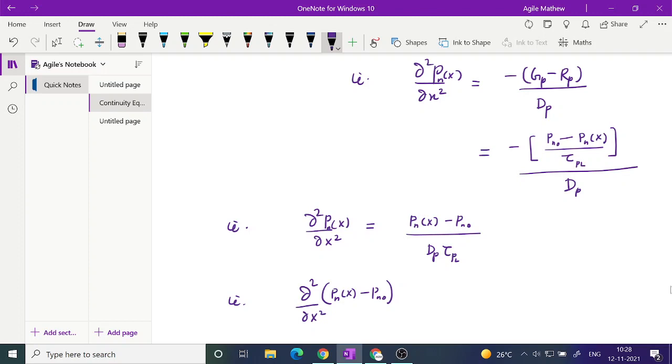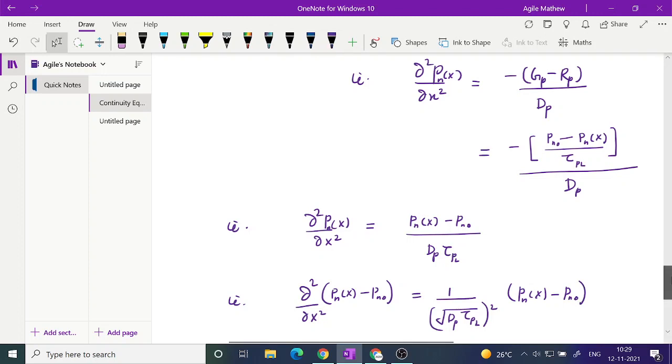Pn0 doesn't vary, it is just entirely the situation before any optical injection. So when you take the derivative, that goes away. That way we have, so this one I will write as the square root of tau p L into dp, the whole square, and then again Pn of x minus Pn0.